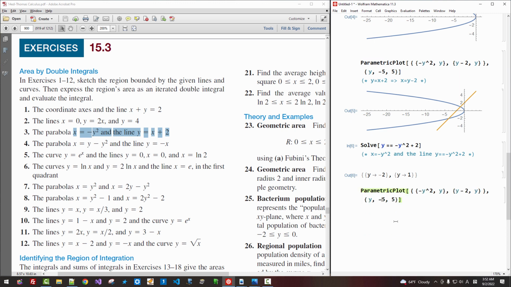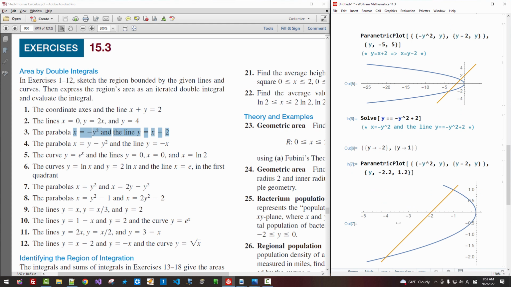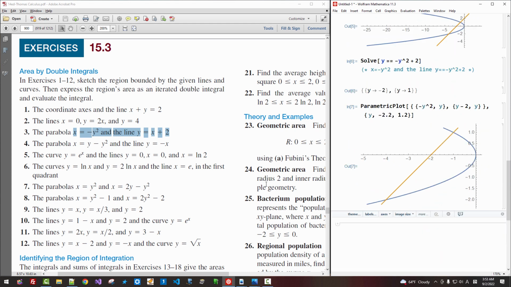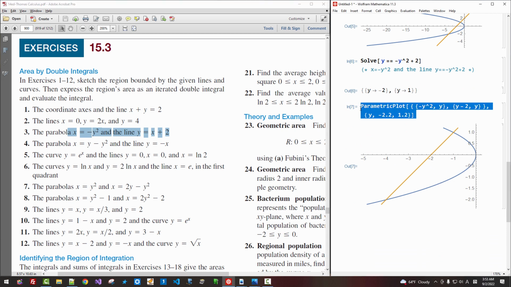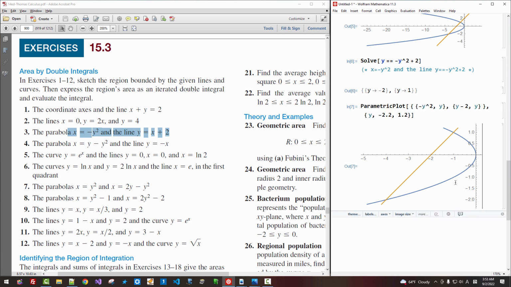Paste it here. -2.1, +1.1, or 2. Shift enter. We now have this beautiful graph. Without parameterization, we cannot even draw this function properly.